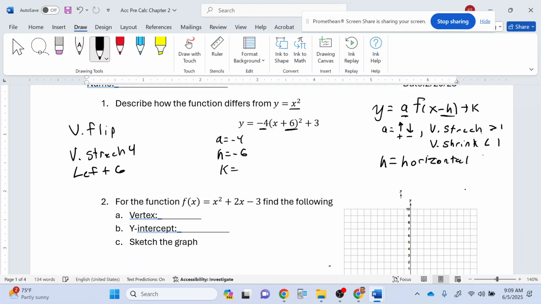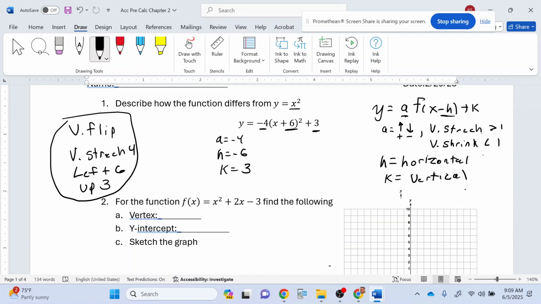And then the k value, which is the last one over here, is your vertical shifts, so up and down. So it's +3, you don't flip it. So you're going up 3. So this would be the transformations compared to x squared.